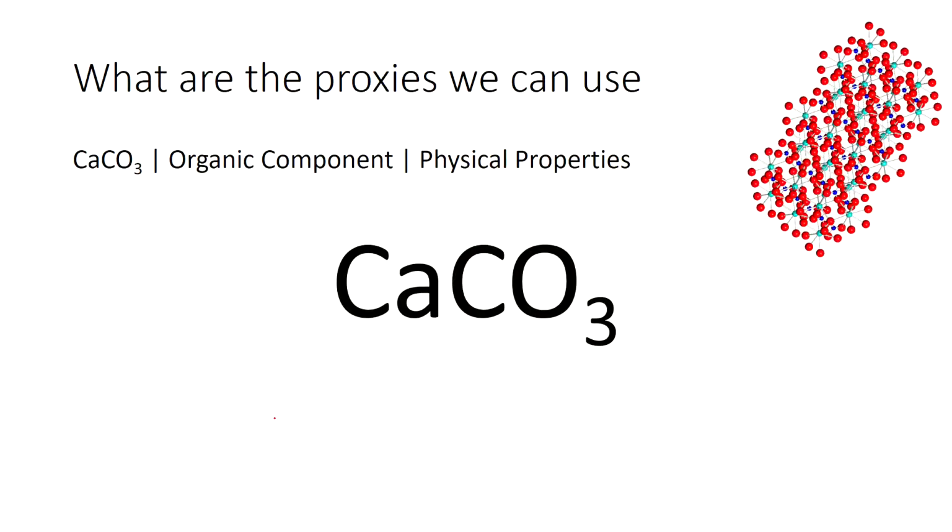So this is the mineral formula: calcium carbonate, CaCO3. We'll certainly be looking, in the next video, at how the different isotopes of oxygen get preserved in coral skeletons and what they tell us about the environment.